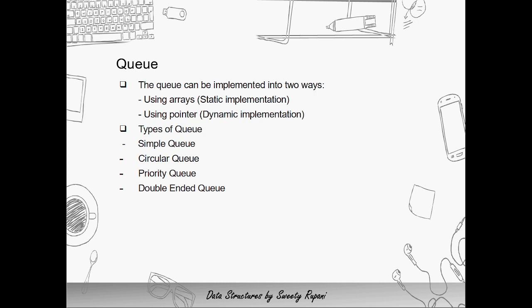If you are not aware of the number of elements in your queue, then you can go for a dynamic implementation. There are various types of queue: simple queue, circular queue, priority queue, double-ended queue. All of them have their own advantages and disadvantages. We'll go into detail when we get to the unit on queues.